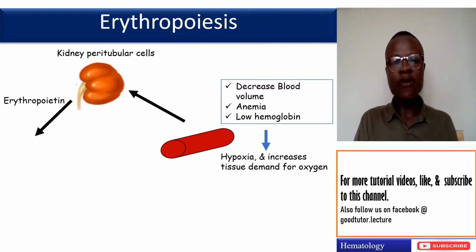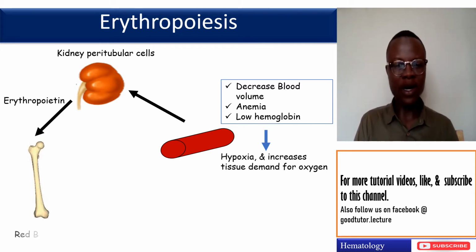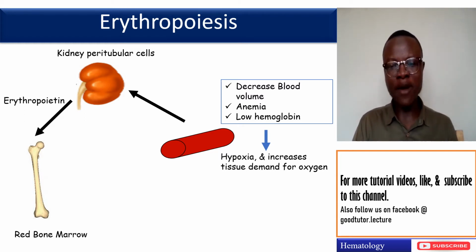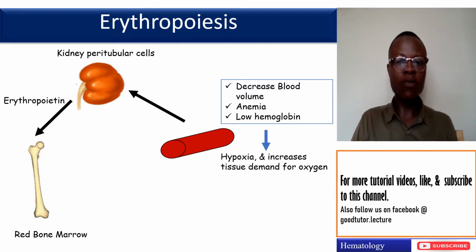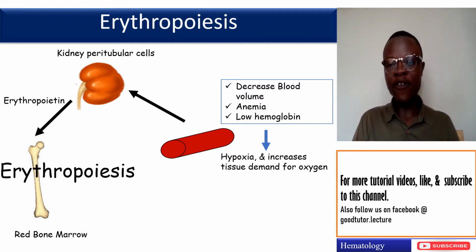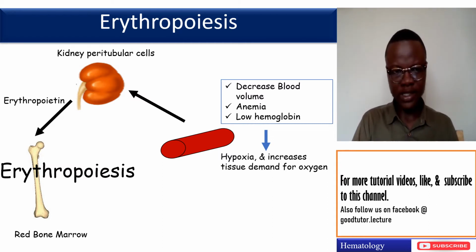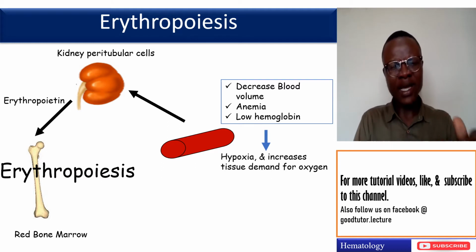So when this erythropoietin is released into the blood, it travels to the bone where you have the red bone marrow. And I guess you know what's going to go on. Once they reach the red bone marrow, they trigger the process of erythropoiesis. So those are the few steps that lead to the actual mechanism that occurs in the red bone marrow.